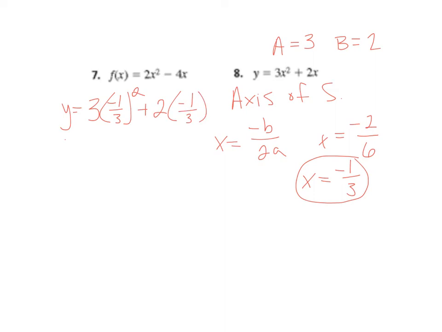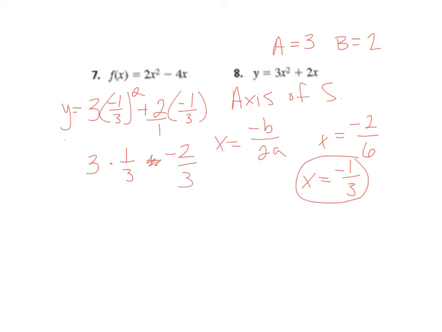Alright, so a -1/3 times a -1/3 is going to be a +1/9. So we have 3 times 1/9 plus, and I'm going to do this part, 2, I'm just going to make that a fraction. This would be negative 2/3. So I'm going to get rid of that plus.